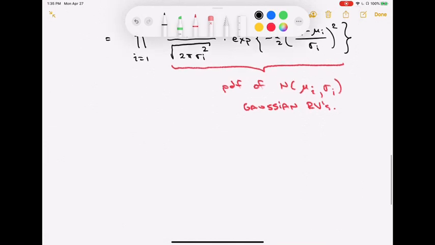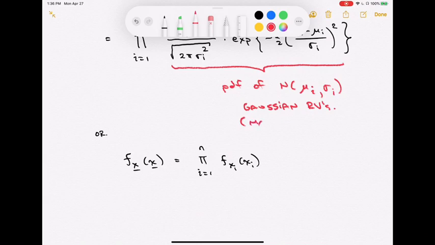So we come up with what we expect. We could then say that this joint multivariate Gaussian distribution can be written as a product from 1 to n of fxi of xi, because each one of those is the corresponding marginal. The ones I'd written before, the PDFs of normal μi, σi Gaussian RVs, those were the marginals, F sub xi of xi.